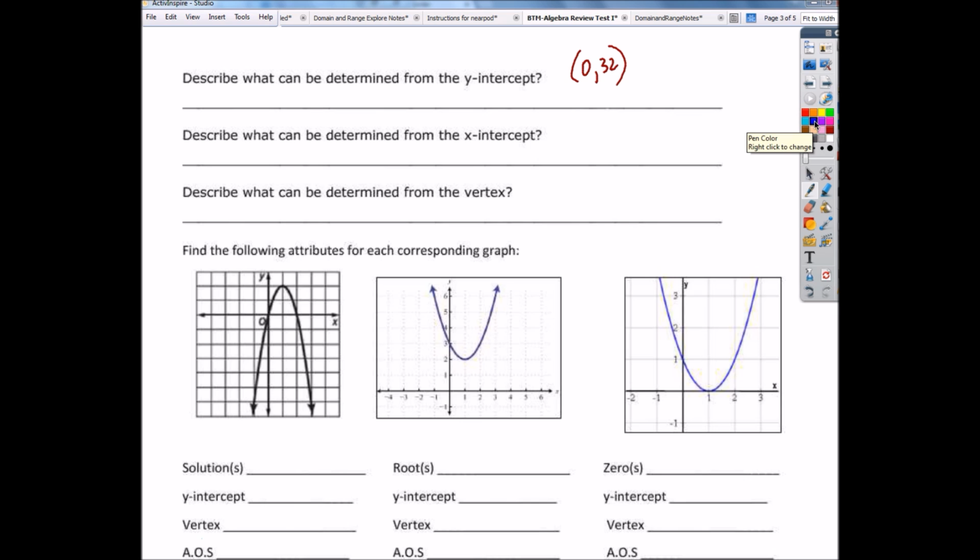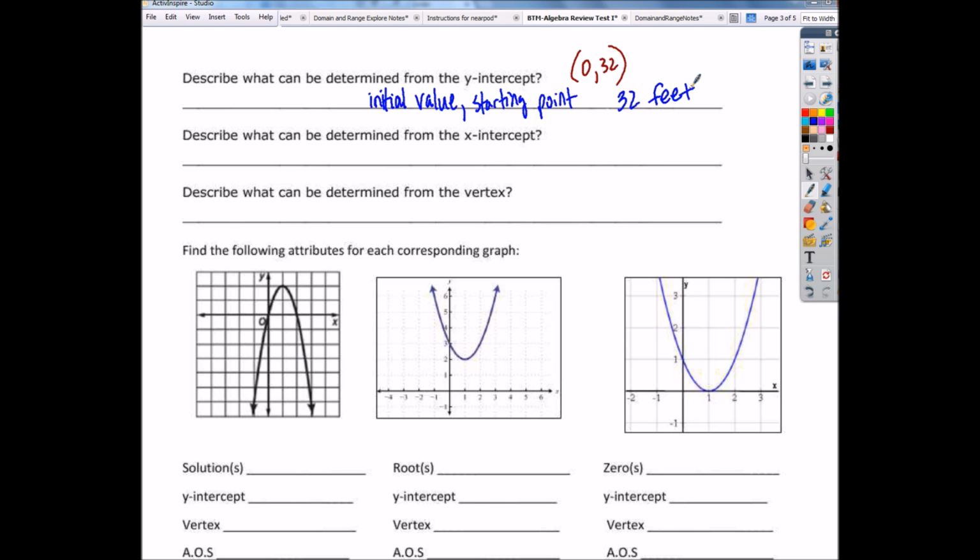Well, we know the, you could say, initial value. We could say the starting point. All right. And we know that we're starting at 32 feet because it's 0 seconds. So the starting point would be 32 feet.